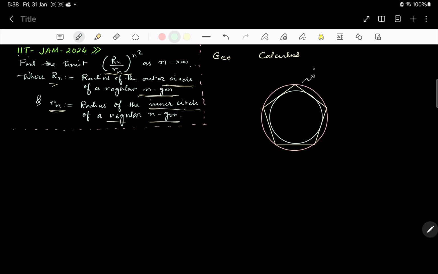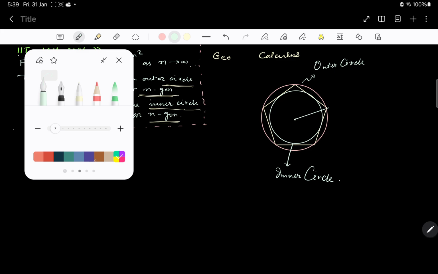So this is the outer circle, and this green circle is the inner circle. Now if this is the center, then the outer radius would be like this. Let's use another color.